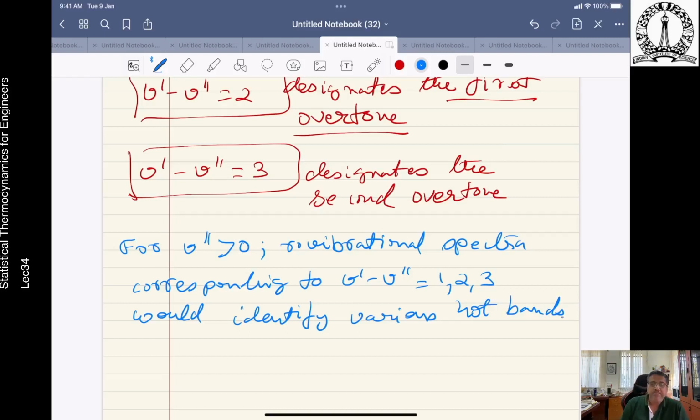We designate the various hot bands. Why they are called hot bands, we will come to a little later.